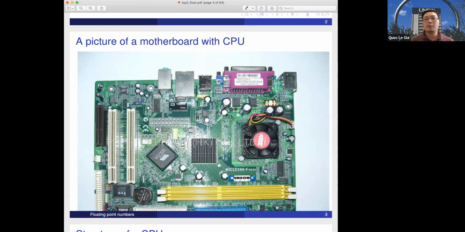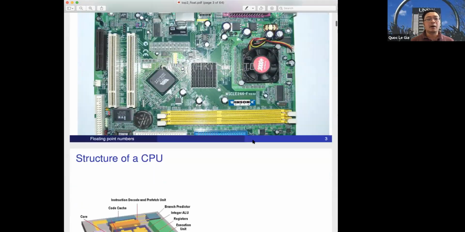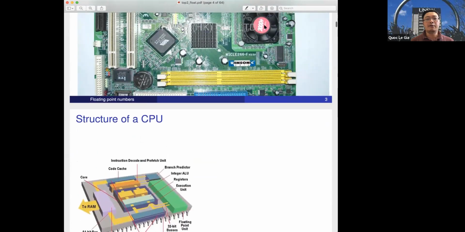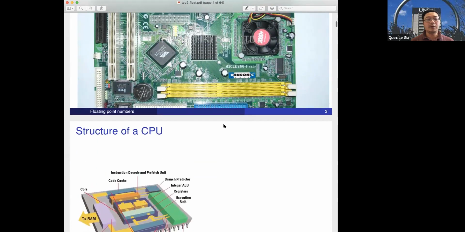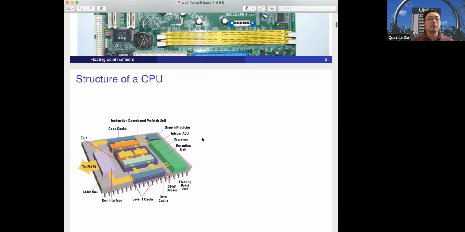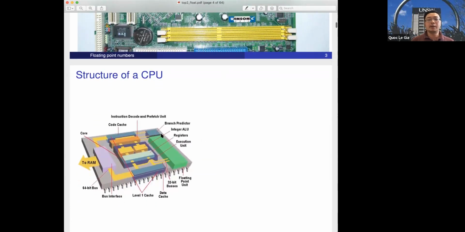But what we focus on is how MATLAB, or any scientific program, does calculations inside the CPU. If you have studied computer science, you will know that inside the CPU there are other components as well.